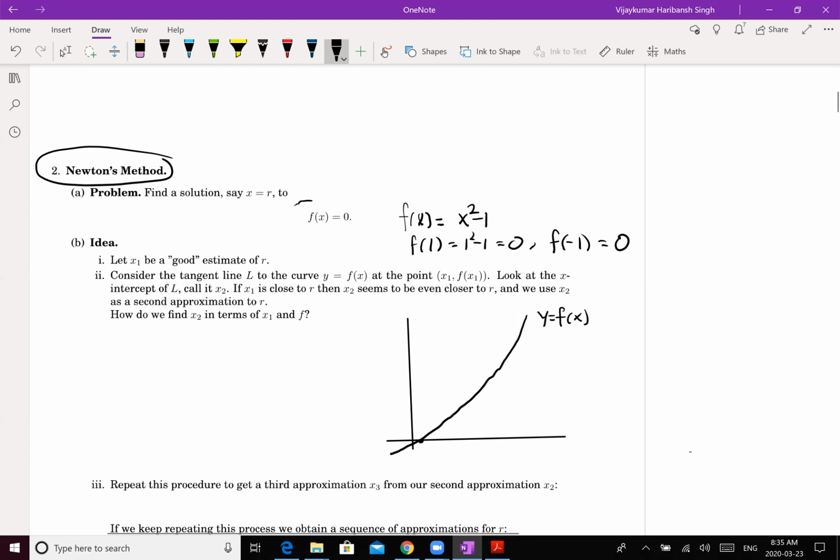So zero is over here, right? So this is your zero. What you do is you start with any point x0 of your choice. Generally, there's a better way to do that, but if you start with x0 of your choice, then you can draw a tangent line at x0.